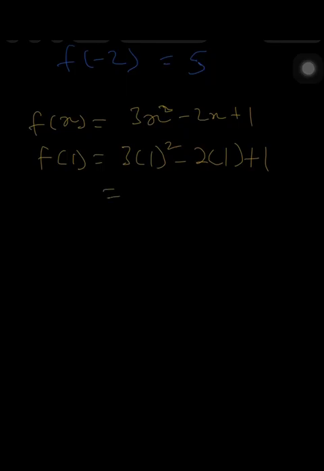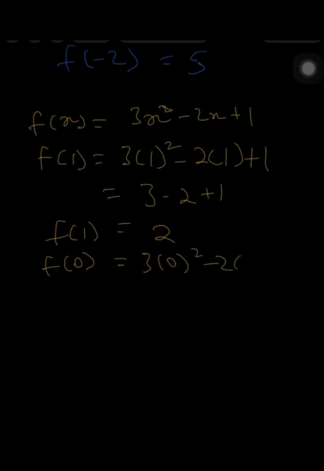This is going to give us 3 minus 2 plus 1, giving us 2. So f of 1 is 2. Now f of 0. f of 0 will be 3 times 0 squared minus 2 times 0 plus 1. This will be 0 minus 0 plus 1, which is 1. So f of 0 is 1.